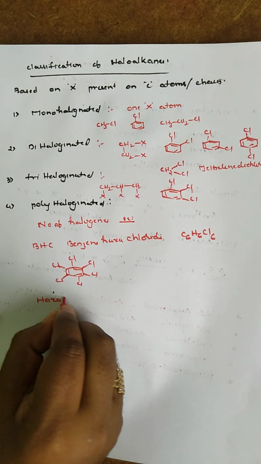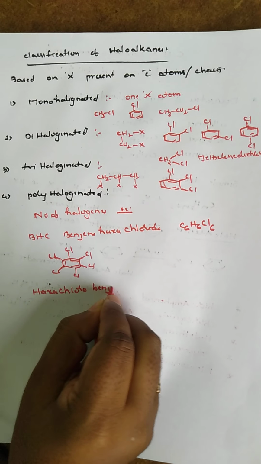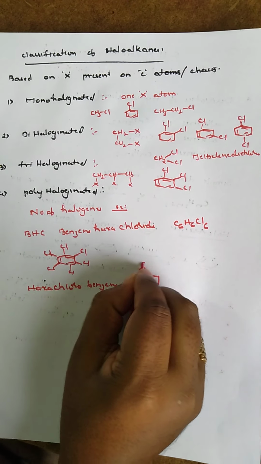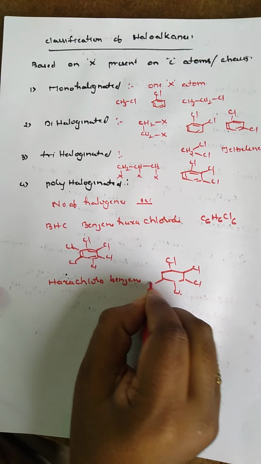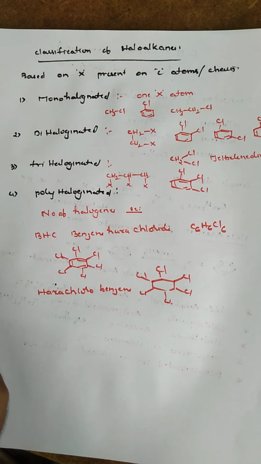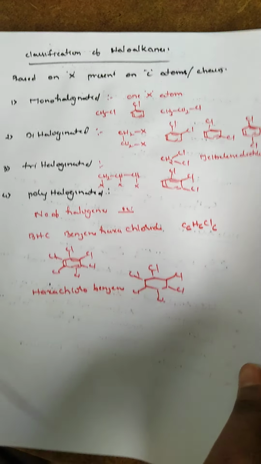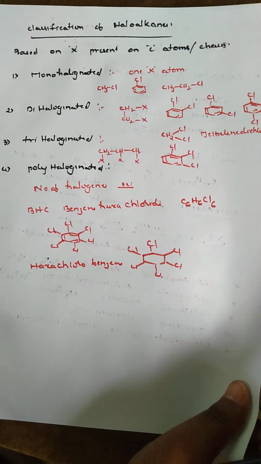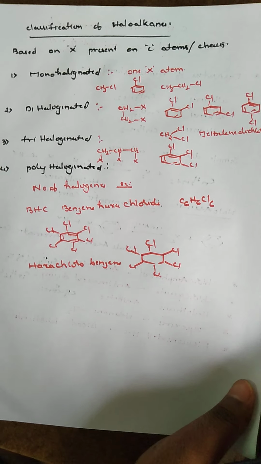Also hexachlorobenzene. This has more than one halogen, so we will call them polyhalogenated compounds. So the first classification, based upon the halogen atoms present on the carbon, is simply classified into four types: monohalogenated, dihalogenated, trihalogenated and polyhalogenated compounds.